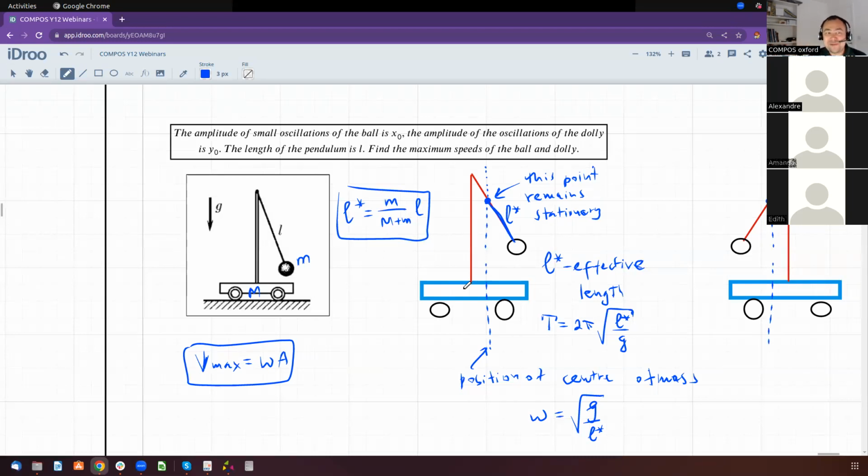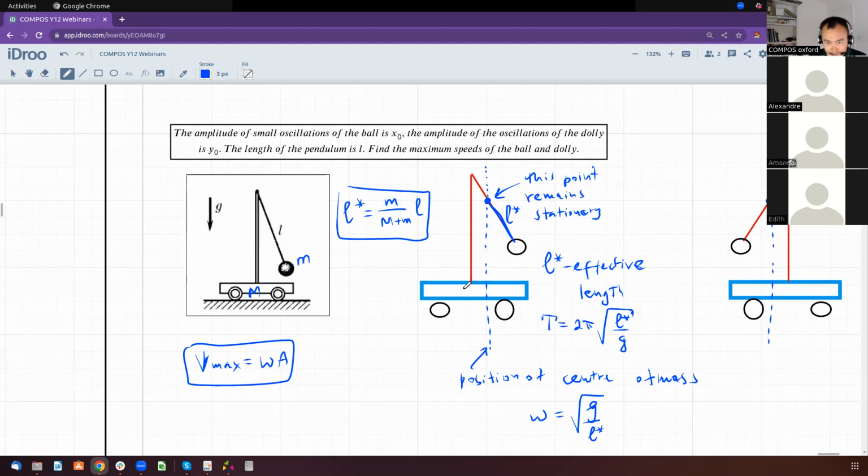This is because the center of mass cannot change position in the absence of external forces. So you find the position of the center of mass, you work out L star, and then you find omega, which is the square root of g over L star, and the maximum velocity is omega times the amplitude.